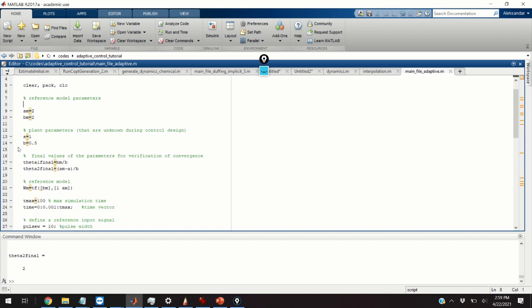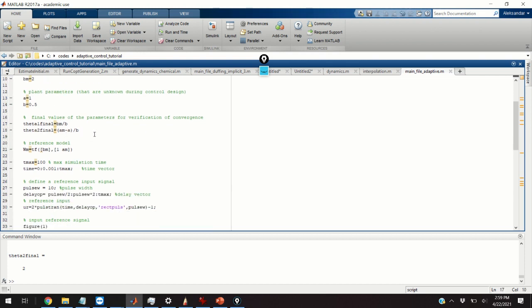First, we need to specify the reference model parameters and the plant parameters, and we can simply compute the final values of the parameters for verification of the convergence of our adaptive control algorithm, right? Then we specify the reference model by simply typing a transfer function, bm in the numerator and p plus am in the denominator.